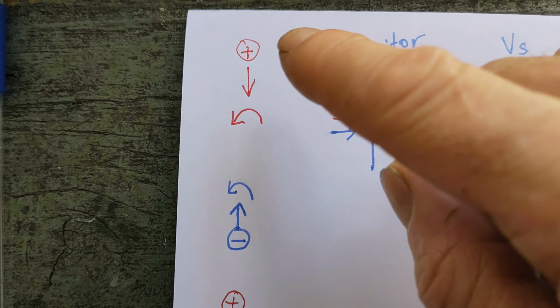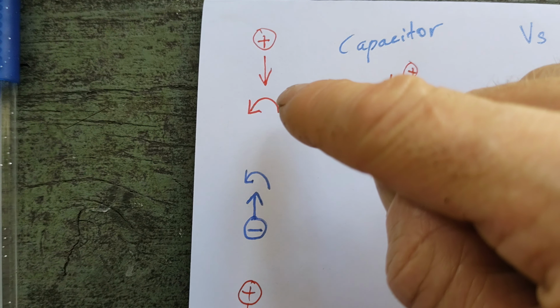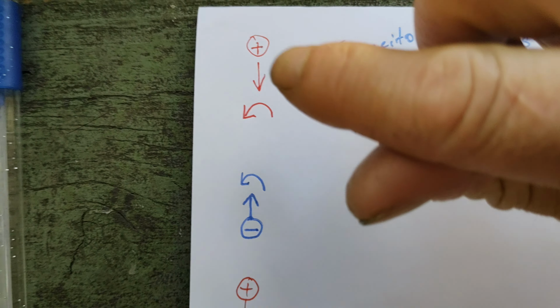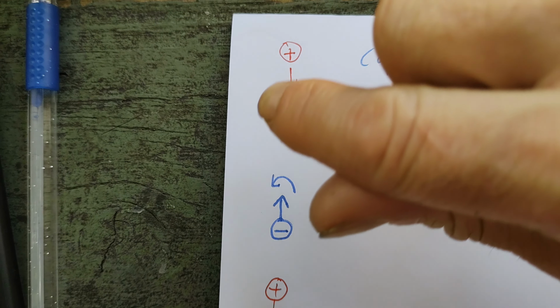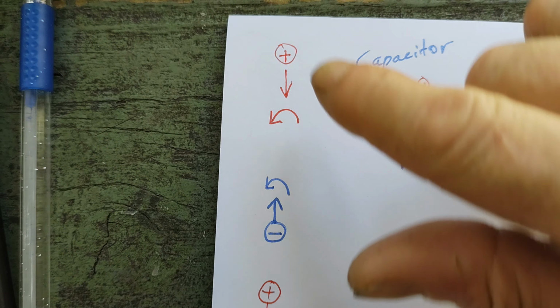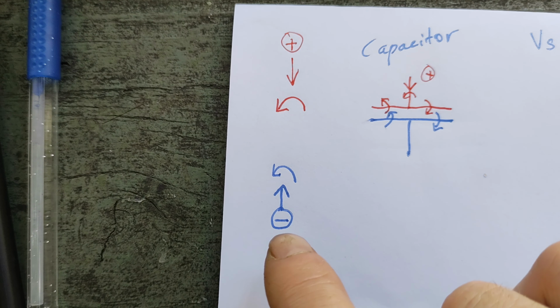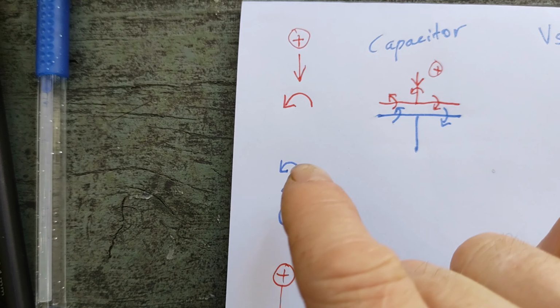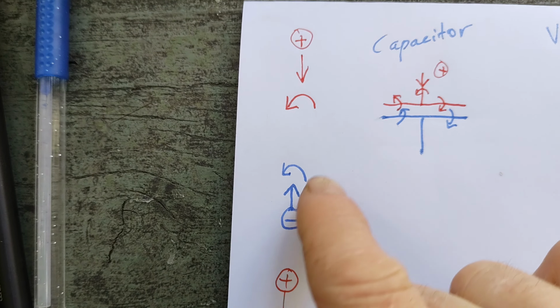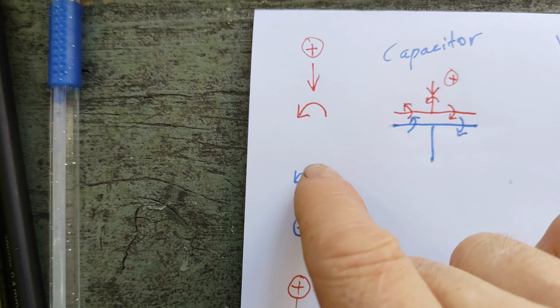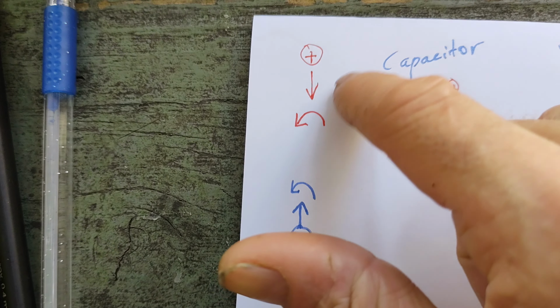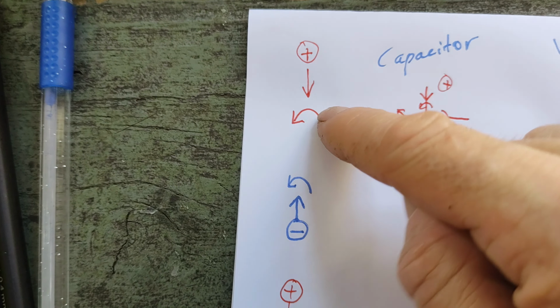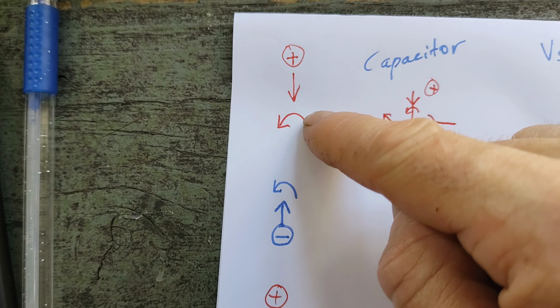Now, if a positive charge is moving down here, like we saw there, it creates this up and out of the page rotation. But if a negative charge is moving towards the positive charge, although it would be a reverse rotation because it's going the other way, it creates a rotation up and out of the page which matches the rotation of this positive charge.